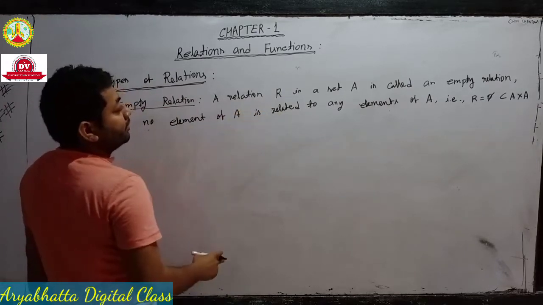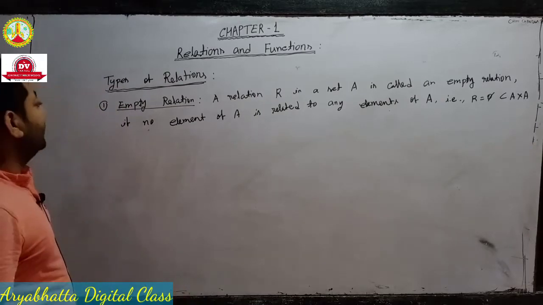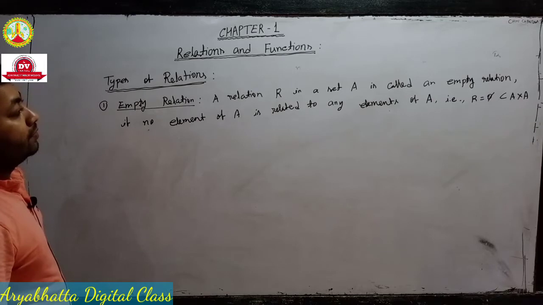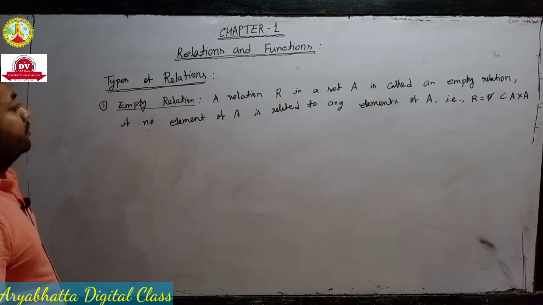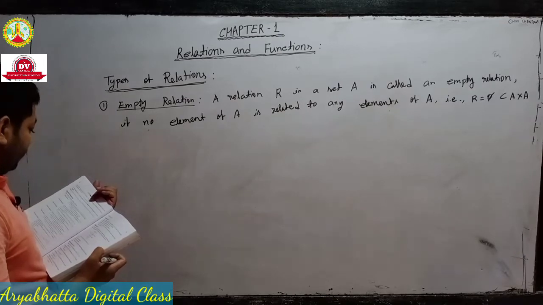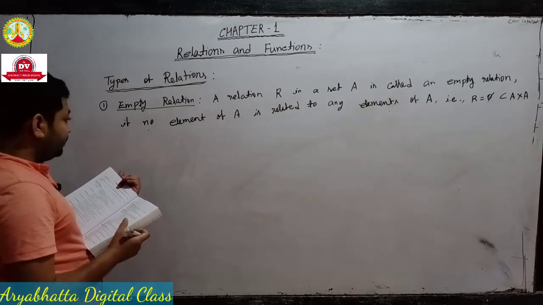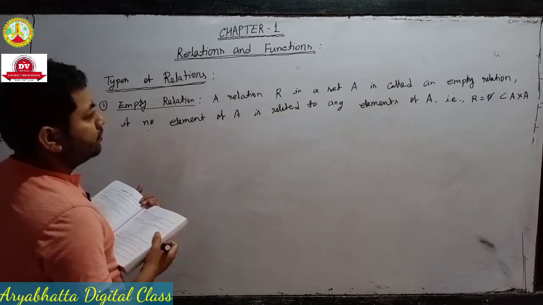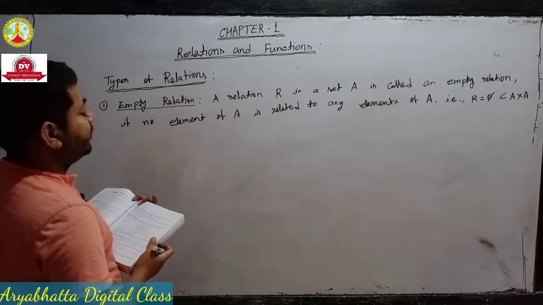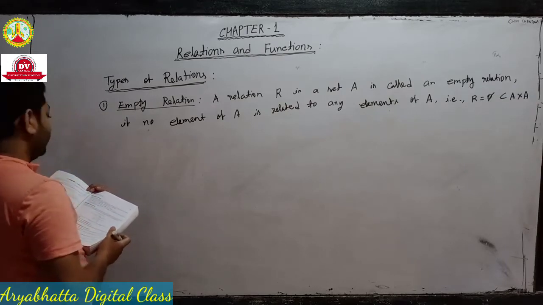A relation R in a set A is called an empty relation if no element of A is related to any element of A. That is, R equal to phi, a proper subset of A cross A.